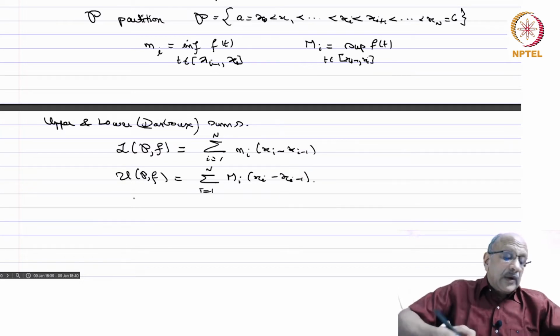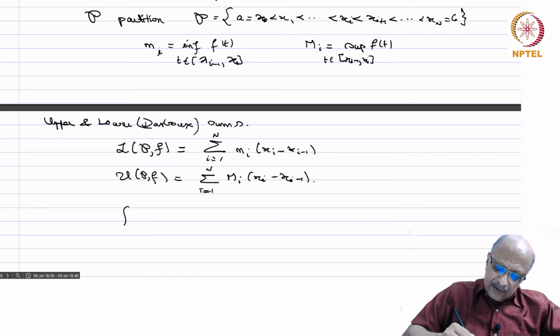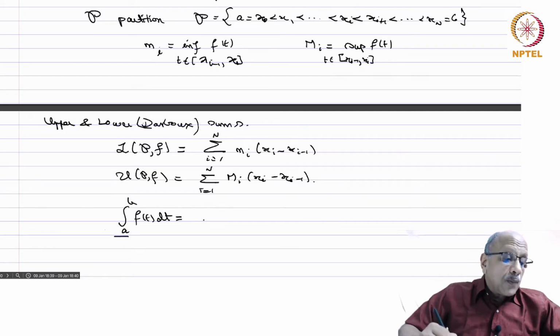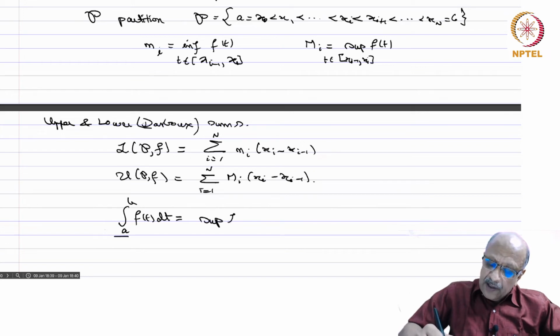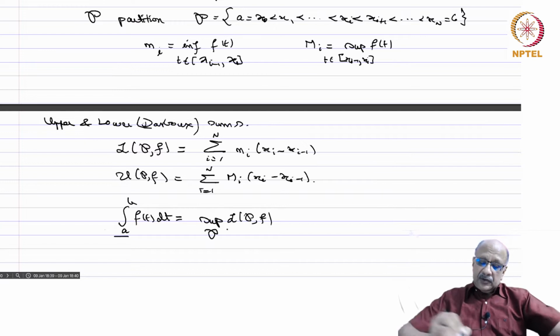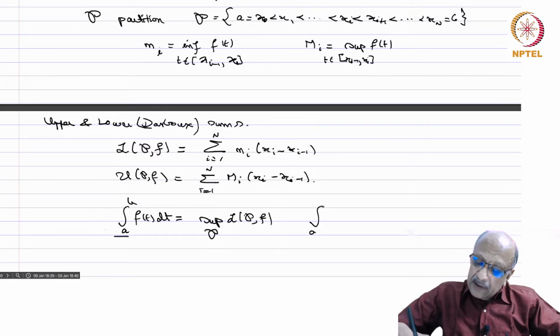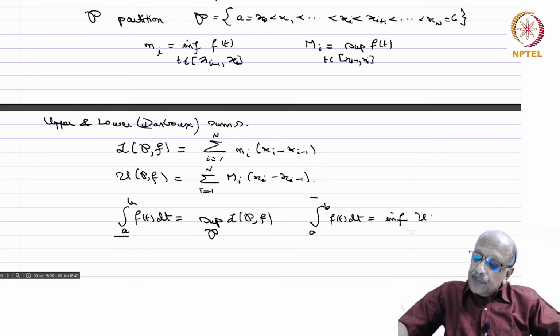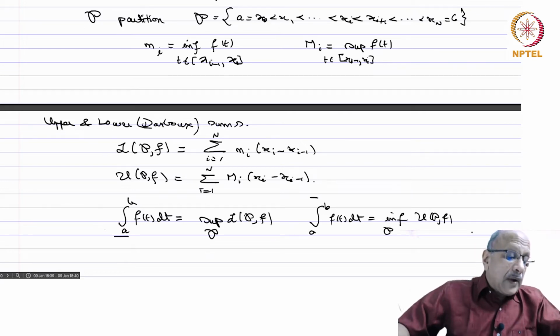Then we define the lower and upper integrals. The lower integral from a to b of f(t) dt is equal to the sup of L(P,f) taken over all possible partitions, and the upper integral from a to b of f(t) dt is equal to the inf of U(P,f) taken over all possible partitions.